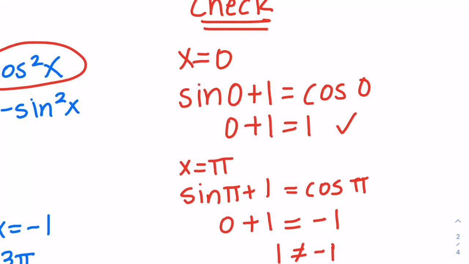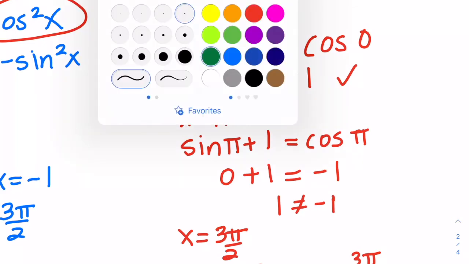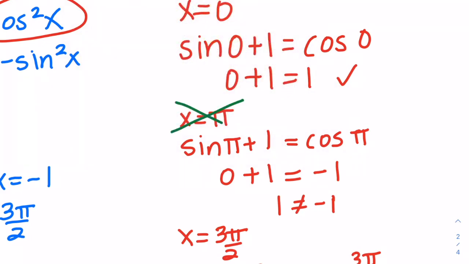So when we plugged in 0, well, sine of 0 is 0, cosine of 0 is 1, so that's going to work. When we plug in pi, well, sine of pi is 0, but cosine of pi is -1. So that one is actually going to be an extraneous solution, and that will not work. Okay, it worked when we squared both sides, but it won't work for the original equation.